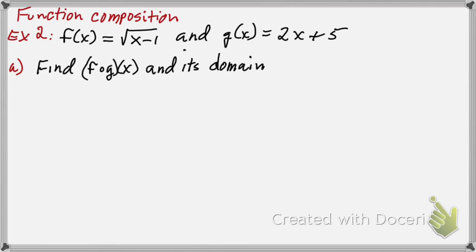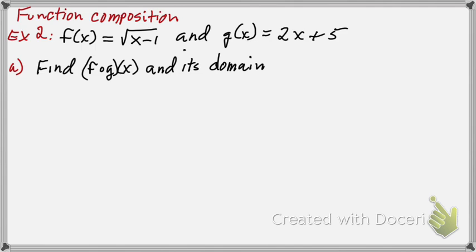Notice here, they're wanting us to get the composite function, okay, and then figure out its domain. That's where it gets a little weird. So we're going to do something similar here. Notice g is coming first.